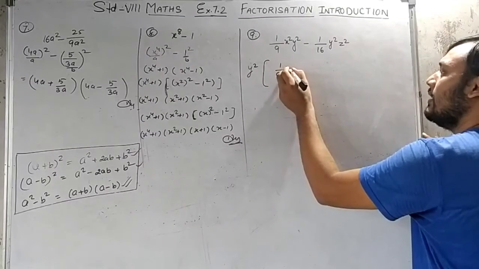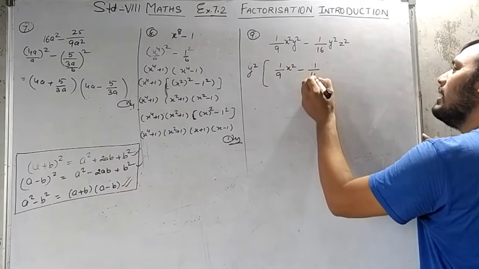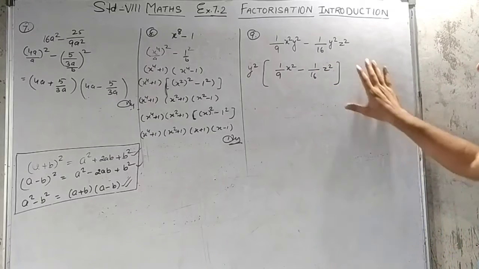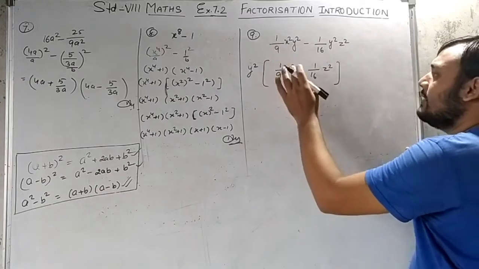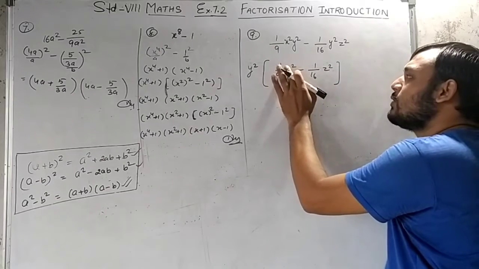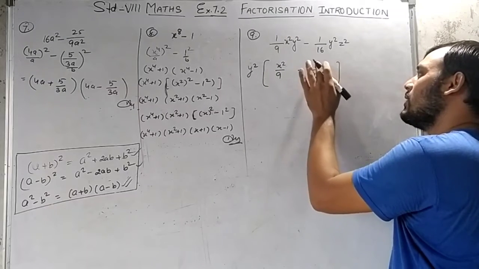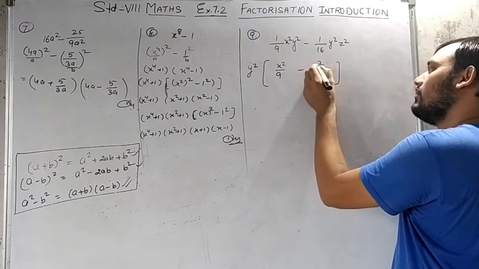Just only x square. And here 1 by 16 z square. We can write this one like this. Achha. Next thing, this 1 into x square you can write here like this, x square, and this z square you can write here as z square.